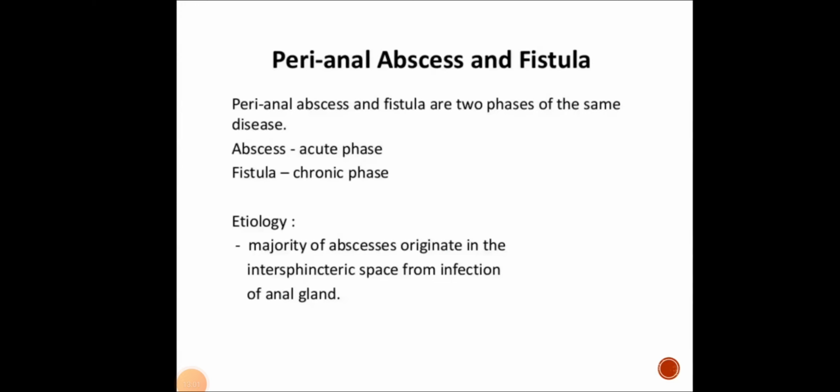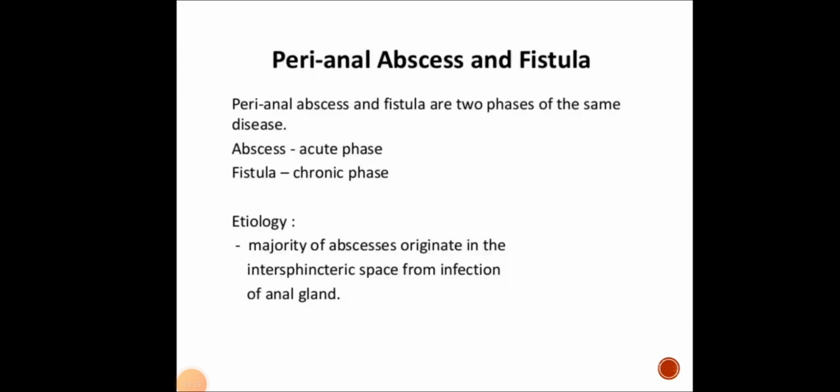We will not suture it. The cavity will be packed with proper antiseptic or antibiotic solutions, and we will leave the wound as such, and the healing will start by granulation tissue. So that is the treatment. Incision and drainage is the treatment for perianal abscess, and that should be done under antibiotic cover.